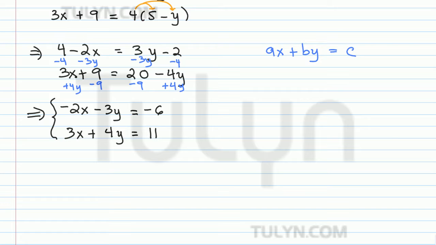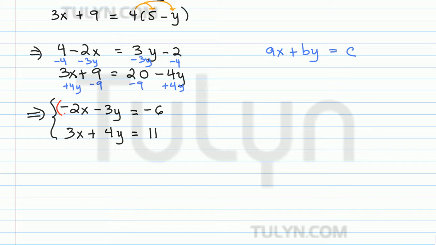So remember that the goal is to cancel out one of the variables by making the coefficients additive inverses. So first we pick the variable to get rid of, and usually the best variable to get rid of is the one with the smallest coefficients, so you deal with smaller numbers, and that seems to be the x. So now we want to make the coefficients of the x opposites.